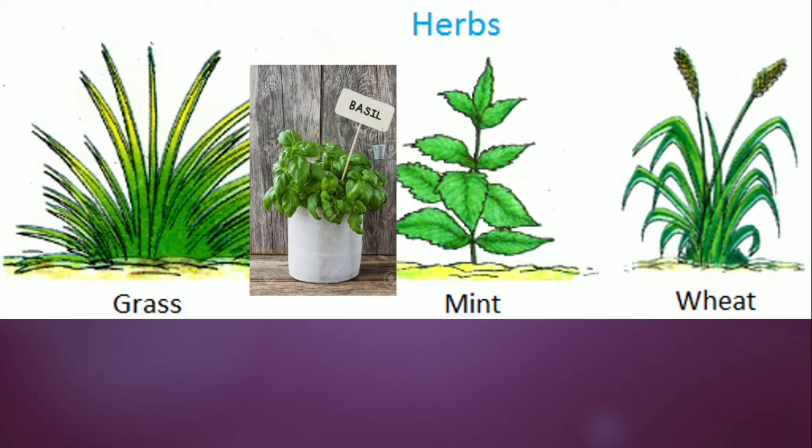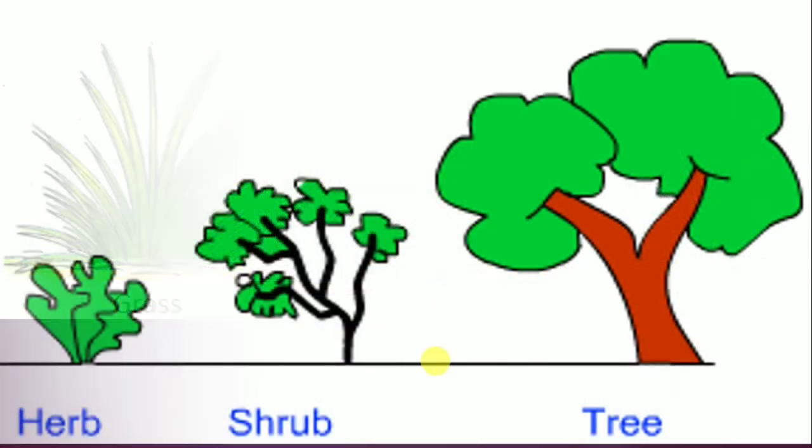These are examples for the herbs. Yes, the stem of a tree is stronger than the stem of a shrub and the stem of a shrub is stronger than the stem of herbs. Like this, the stems are also different in different types of plants.